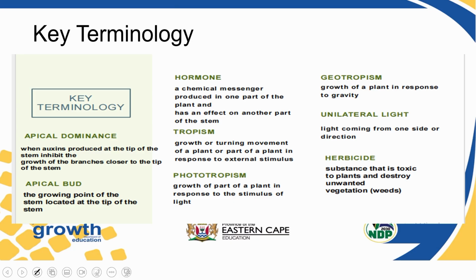The example that I normally give to learners is that of the pituitary gland, which normally produces pituitary hormones like your FSH as well as your LH. But the area in which they work is the ovaries, which means they are produced in one part of the organism, but will have an effect on the other part.